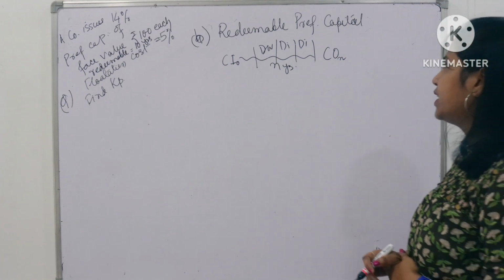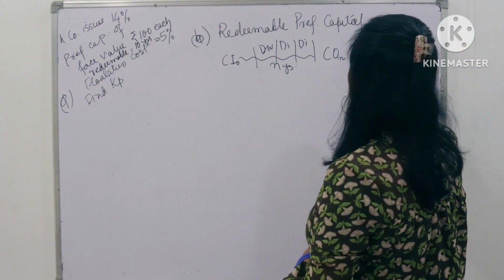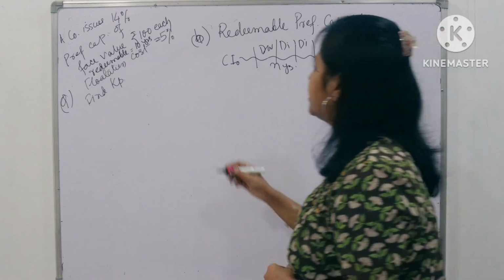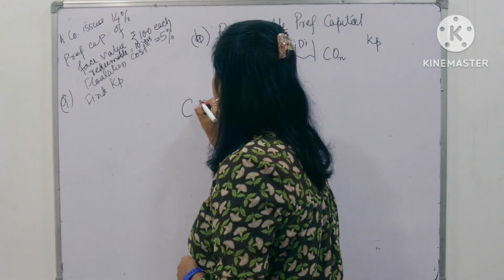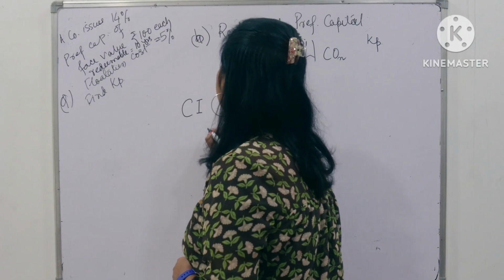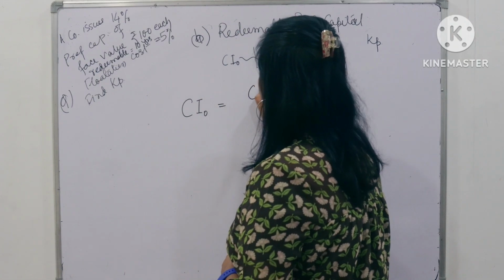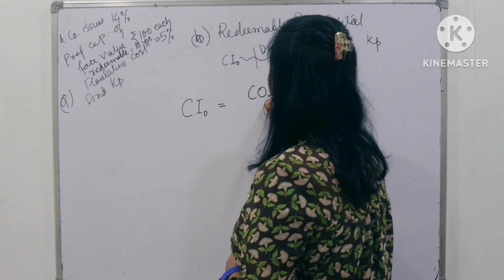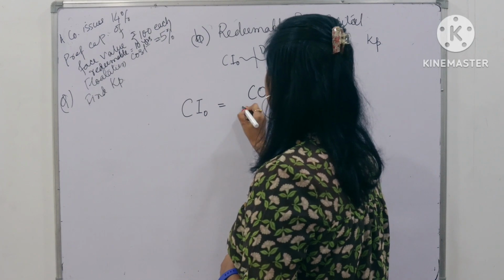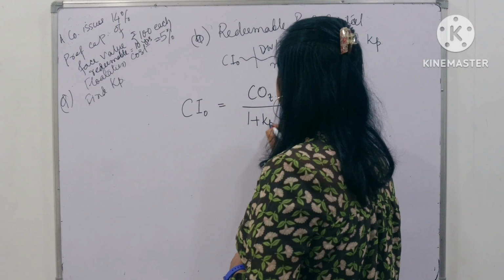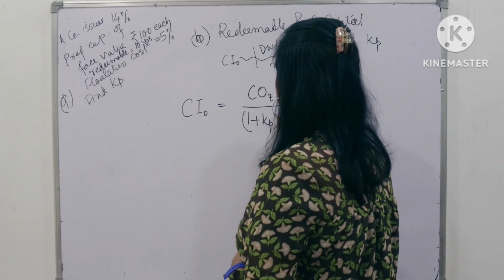Now how to calculate Kp? It is the same as how we have done in the case of borrowed capital. Cash inflow at 0 should be equal to the cash outflows for all the periods divided by 1 plus Kp to the power t.